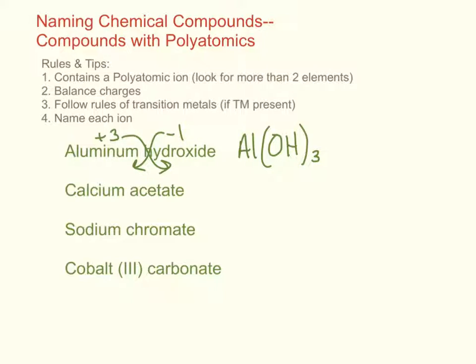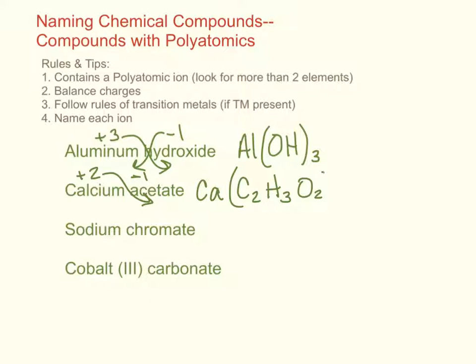So I know it's referring to the entire polyatomic group. So calcium acetate. So I look at my periodic table, and calcium has a +2 charge, and acetate, which is kind of a long polyatomic, has a -1 charge. So, my calcium and my acetate, which is actually C2H3O2. So I'm going to swap and drop. So my 2 is going to go to my acetate.